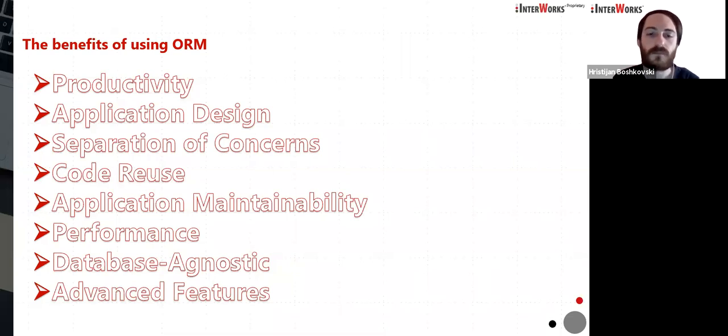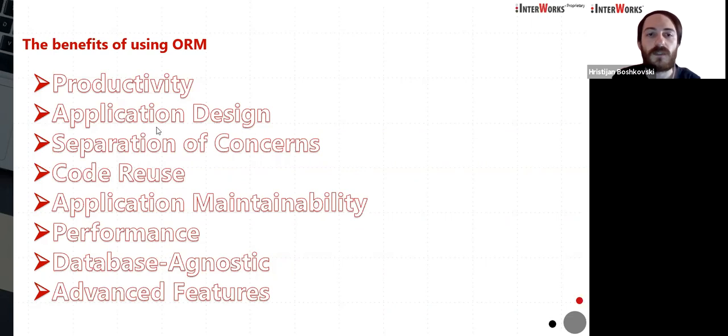The ORMs can automatically generate this code for us, and they can do that in a couple of seconds, which means that we are reducing the time of development and at the same time increasing the developers' productivity because they can focus on the other important parts of their application.